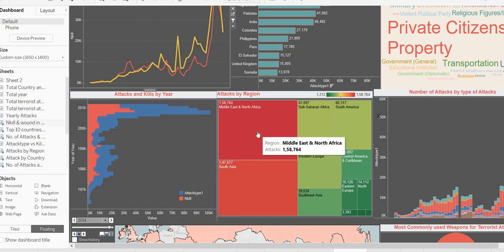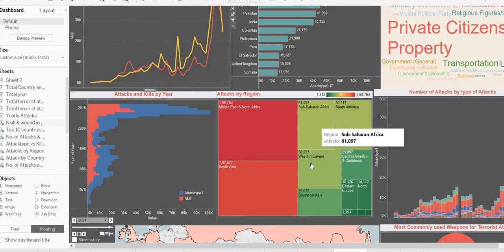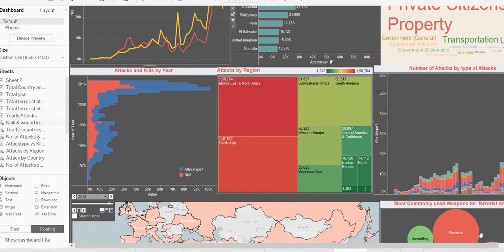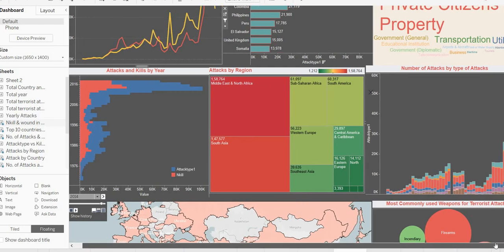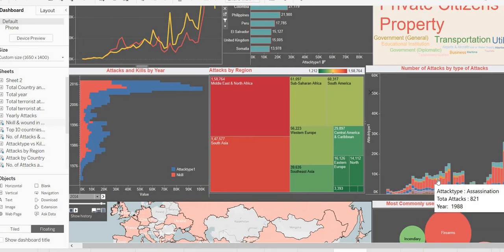Here you can see in the attacks by region that the Middle East and North Africa has the highest ratio, then South Asia, and then Sub-Saharan Africa, and so on. You can see this red line: bombing and explosion is the most common attack type used, then armed assaults.